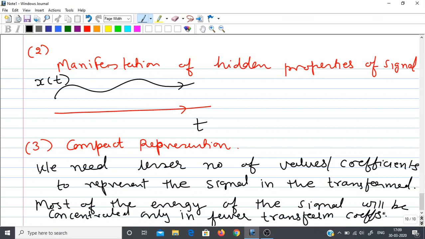So the energy would be concentrated only in a fewer number of coefficients when we go to the transform domain. So this is the reason for using transform.